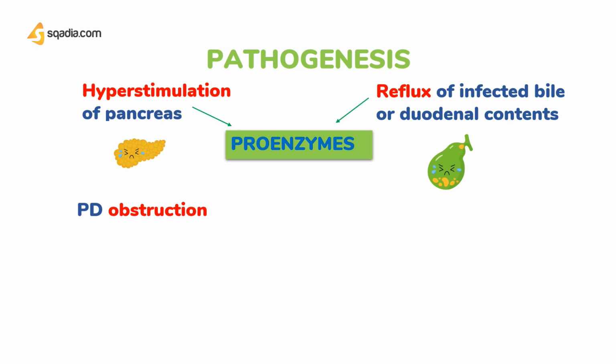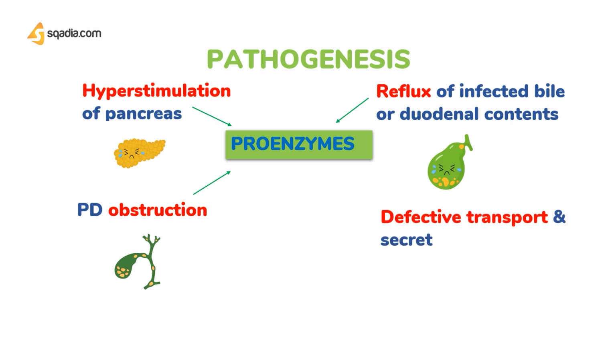Then next is pancreatic duct obstruction. So if there is any stone, for example gallstone, that has migrated down, it can lead to pancreatic duct obstruction. So it can be due to stone or it can be due to any carcinoma, and it will cause increased pressure in the pancreas.